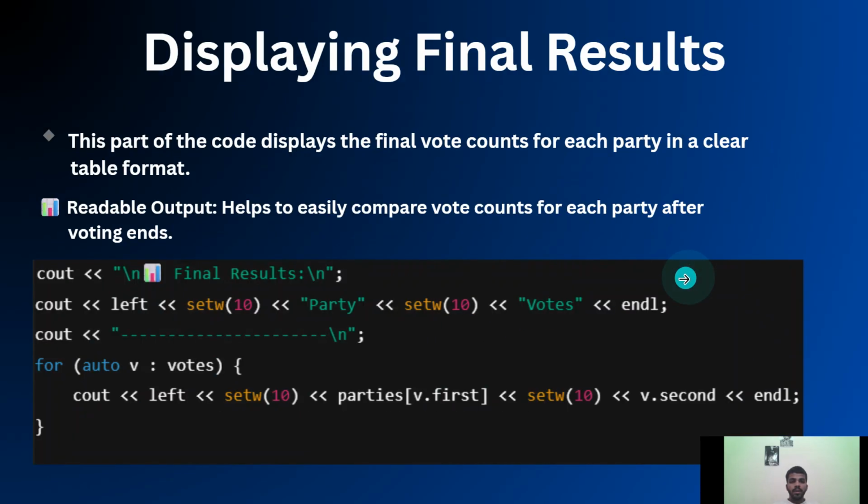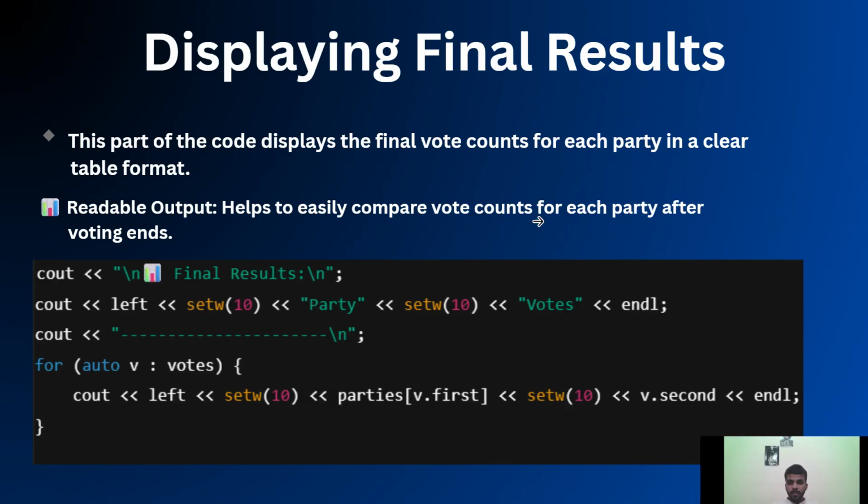Now let's see displaying the final result. This part of the code displays the final vote count for each party in a clear table format. The readable output helps to easily compare the vote count for each party after voting ends.